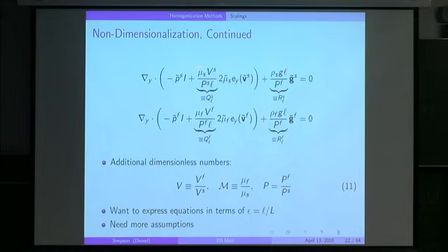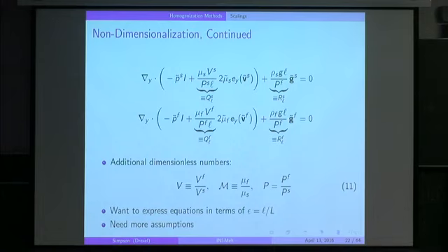So we have this term here, which is the ratio of pressure gradients versus viscous forces. And we have this term here, which is the ratio of pressure gradient to gravitational forces. Three more numbers that are important are the characteristic velocity ratios, the viscosity ratios, and the pressure ratios.